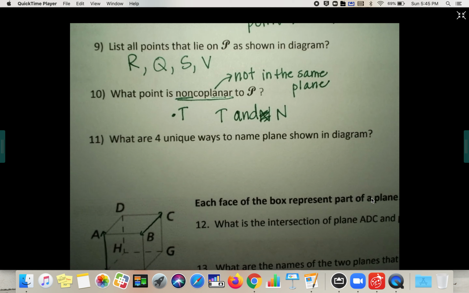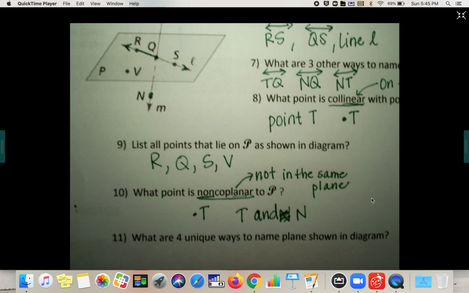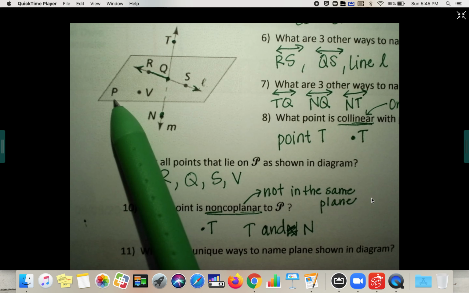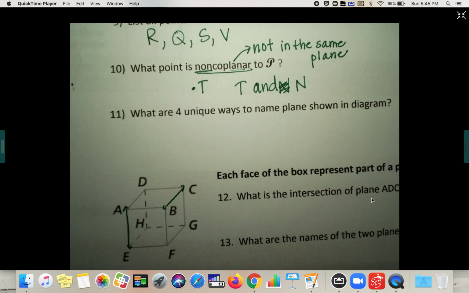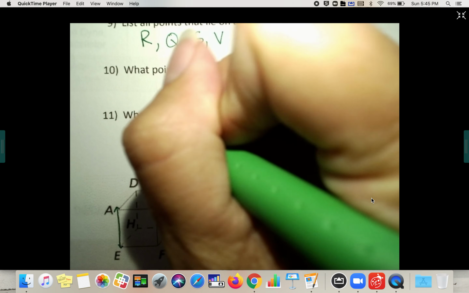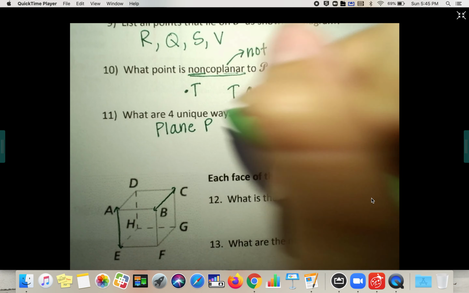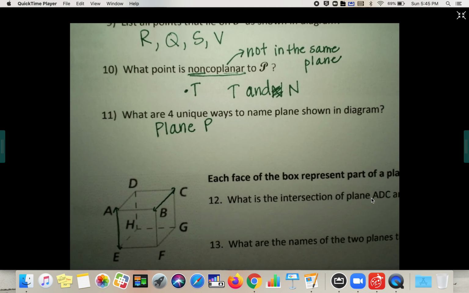Okay, number 11. What are 4 unique ways to name the plane shown in the diagram? Okay, well, let's look. The whole plane can be named plane P. We've already talked about that. So we're going to say one way is to call it plane P. Another way you can name it, if you go back to our first page of notes, is you can name it with 3 points, as long as all 3 points are not on the same line.